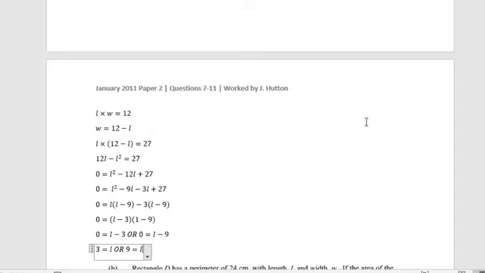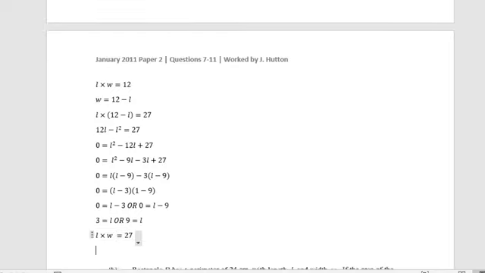Now in our formula of length multiplied by width, which was the area that gave us 27, we can substitute. I'm going to use the larger value for L, which is the length. So length multiplied by width is equal to 27.